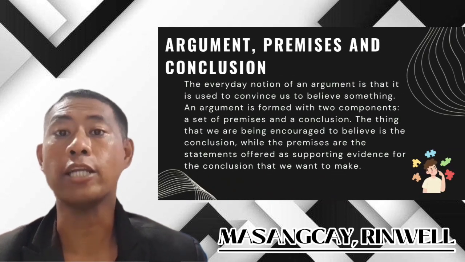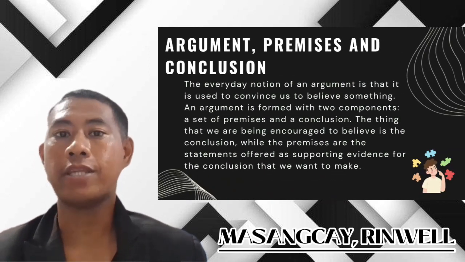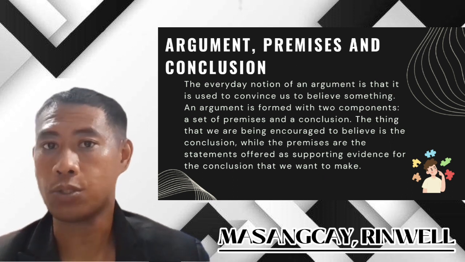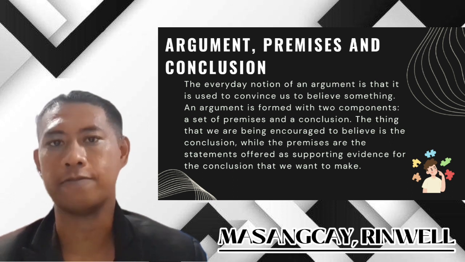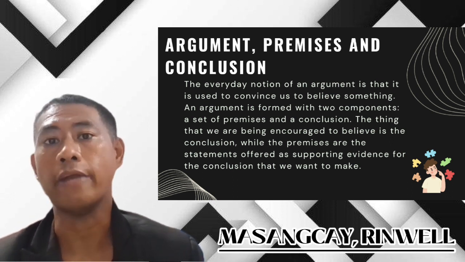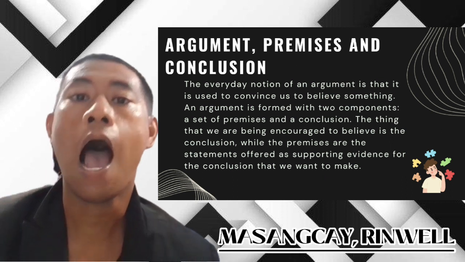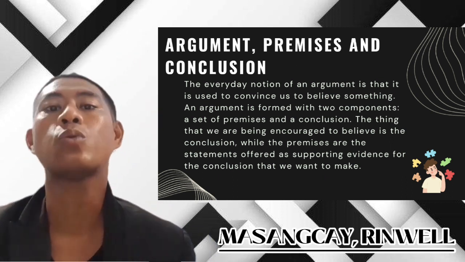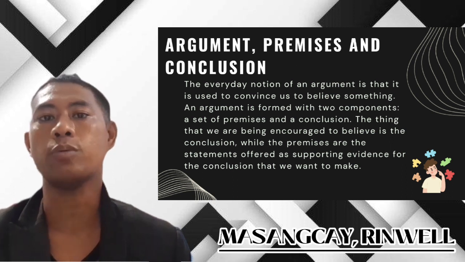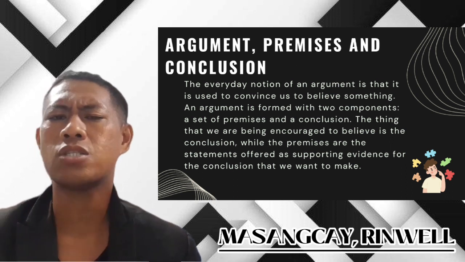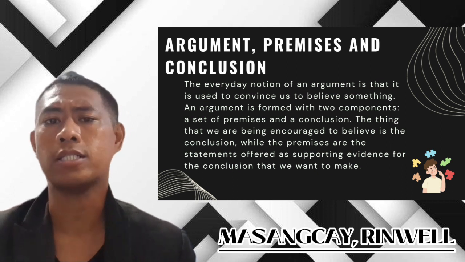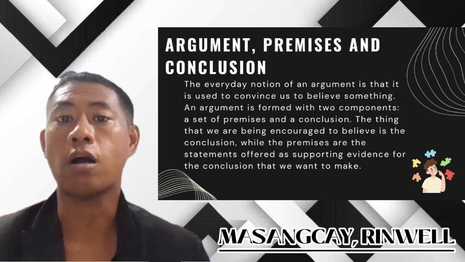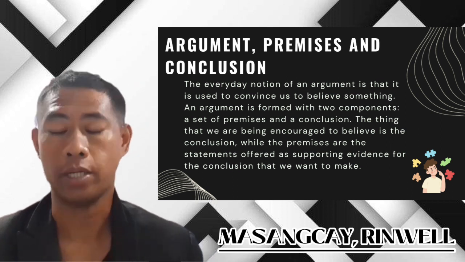The everyday notion of an argument is that it's used to convince us to believe something. An argument is formed with two components, a set of premises and a conclusion. The thing that we are being encouraged to believe is the conclusion, while the premises are the statements of supporting evidence for the conclusion that we want to make.